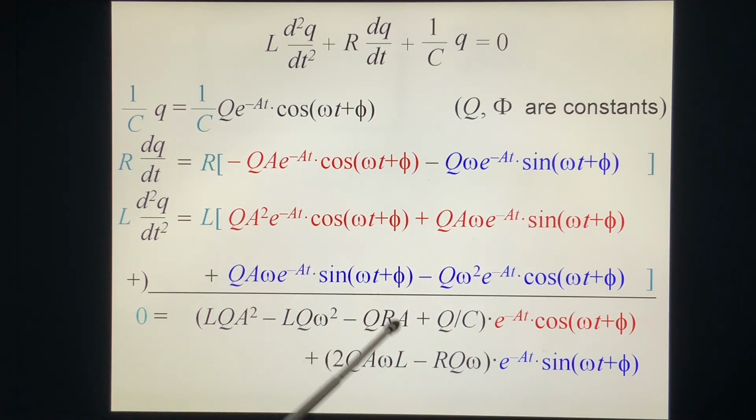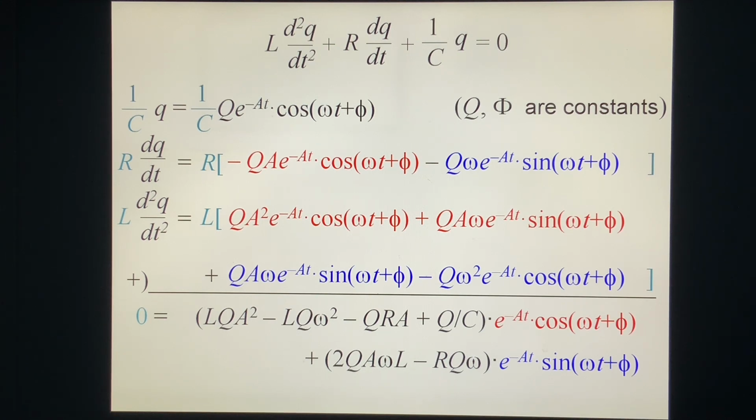So 2 Q A omega L. Now, look at this equation. It should be equal to 0 at any time, so t can be a large number, and they should always equal 0. So what can we get?